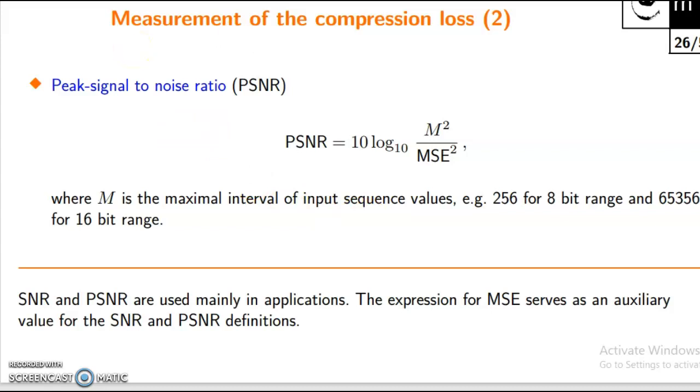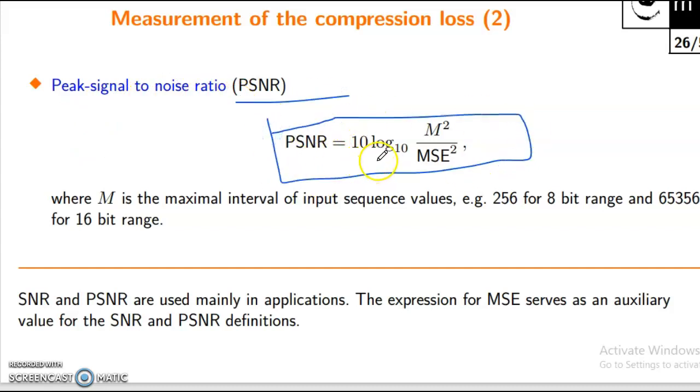Measurement of the compression loss. Peak signal to noise ratio, PSNR, equals 10 log base 10 of M squared divided by MSE, where M is the maximal interval of input sequence values.